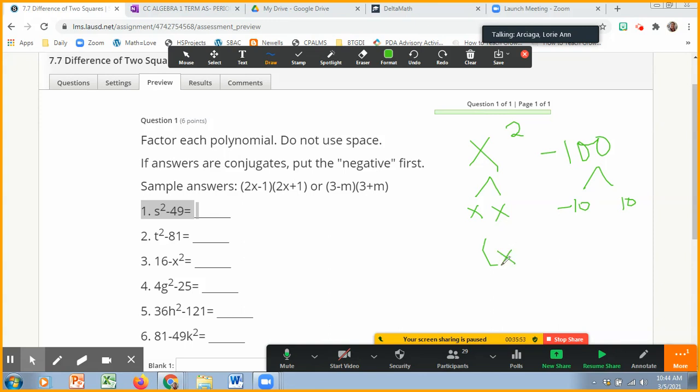So when you write down the answer, it's going to be x minus 10, and then x plus 10. And when you enter the answers, it has to be the negative first before the positive. If in the problem the number comes first, then it has to be first also when you write down the factors.